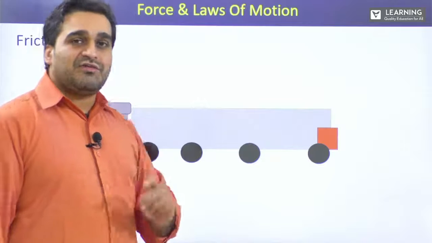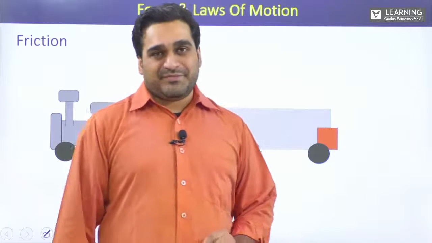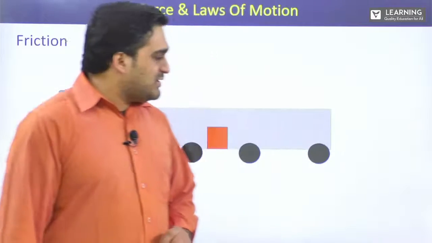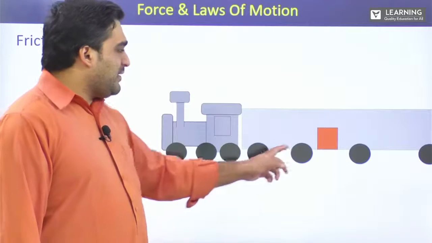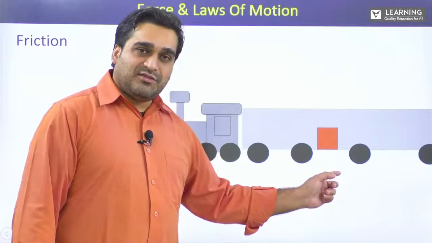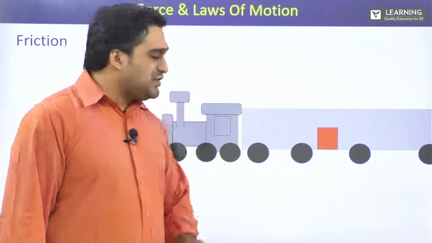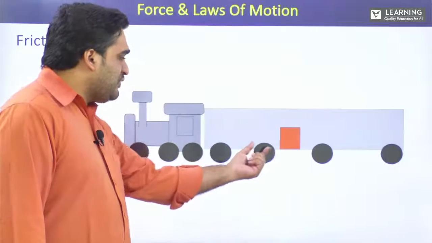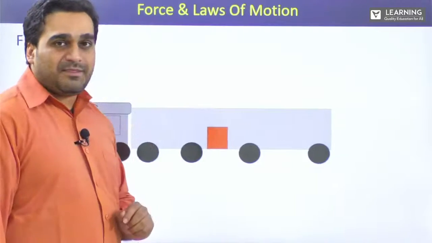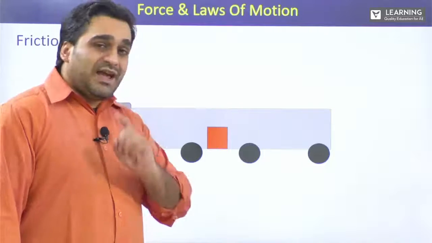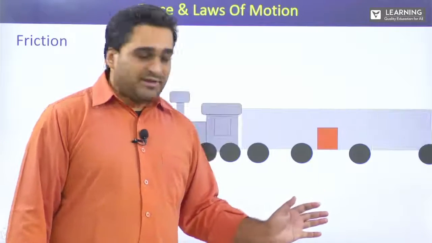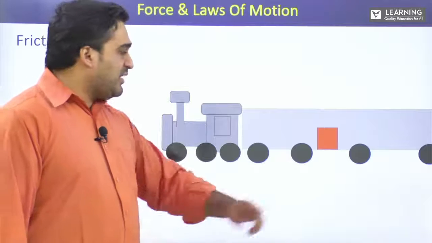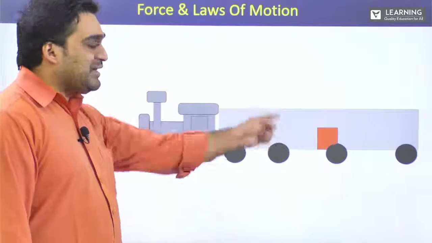This is because of the static friction. When the box is placed inside the train, due to static friction, that box moves along with the train. If there is no static friction, then you will observe something like this.